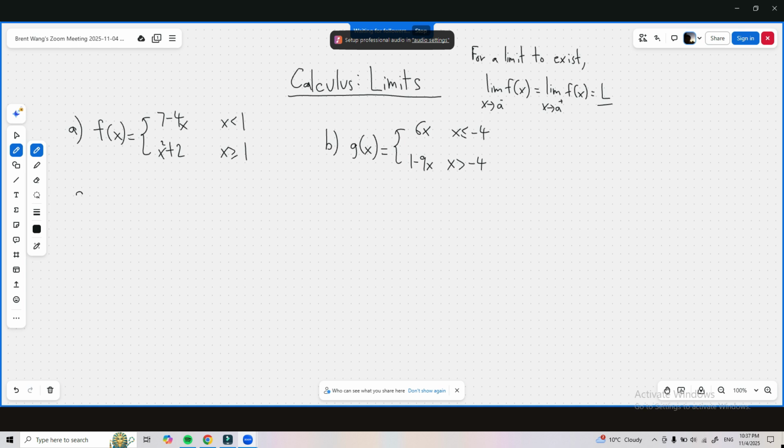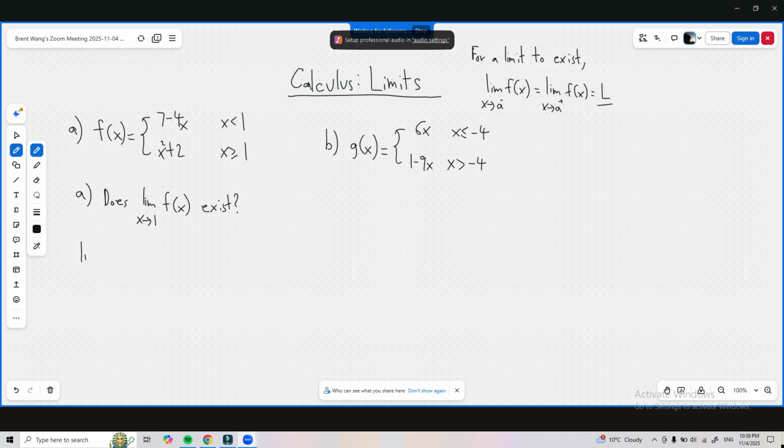Let's look at A first. The question here is, does the limit as x approaches 1 of f of x exist? And if so, what is the value of this limit? Let's look at the left-hand and right-hand side limits to see if they're equal.